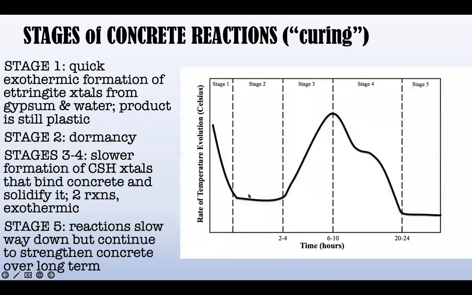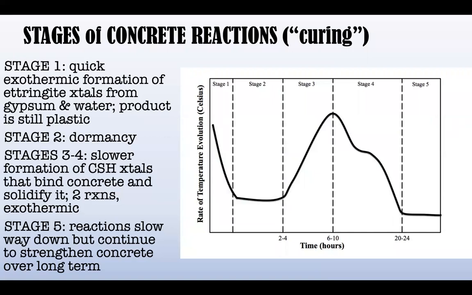There are actually 5 stages to forming concrete, and the temperature at those stages tells you what's going on. And this was the big connection to heat of reaction. So the first thing that happens is that you mix it up, and it heats up and cools down pretty quickly. And that's the formation of a material that does not actually strengthen the concrete.